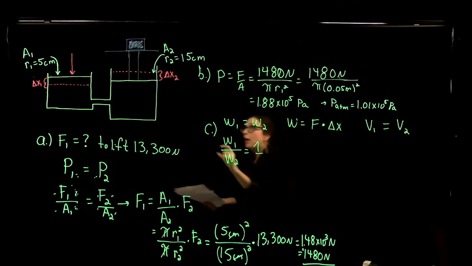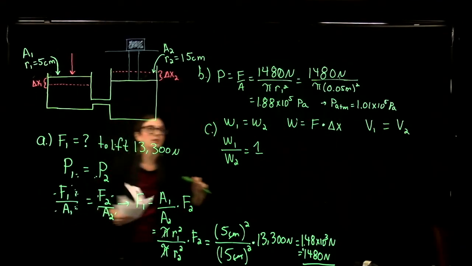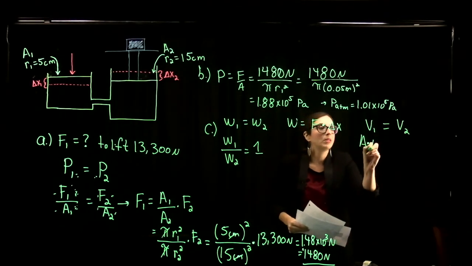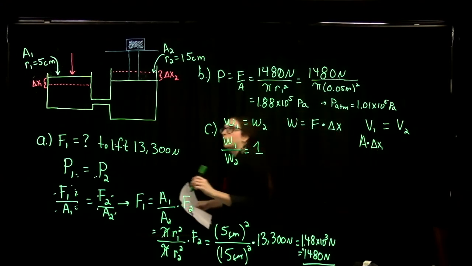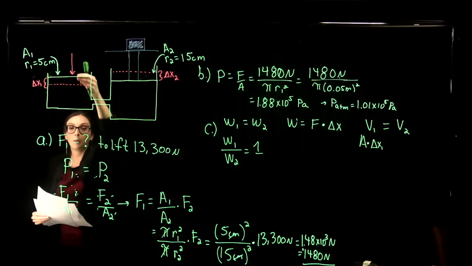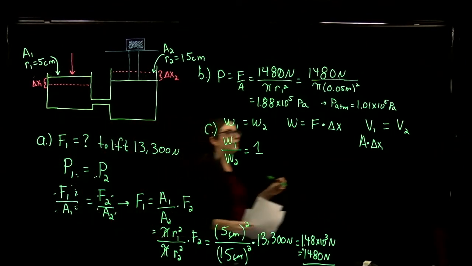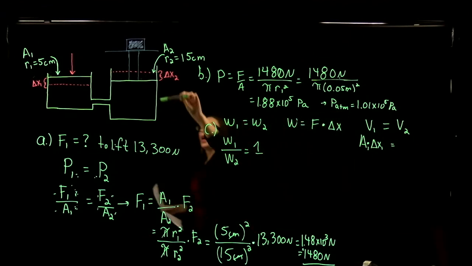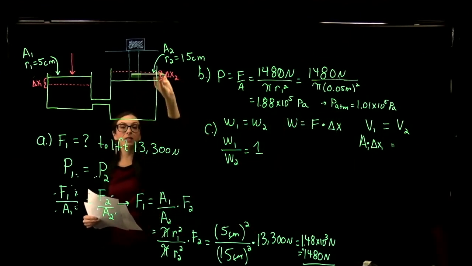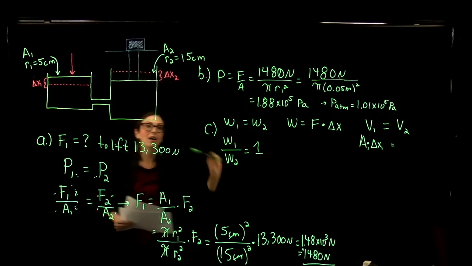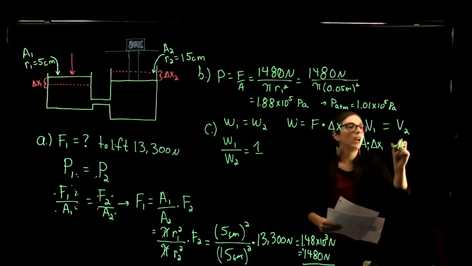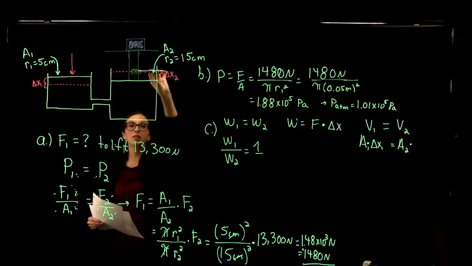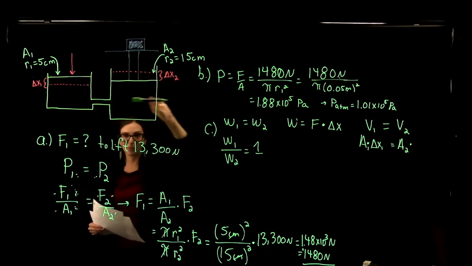So the volume of fluid that our first piston is displacing is equal to the cross-sectional area of that piston times what I'll call delta X1, which is the distance that that piston has to push downward on the fluid. So we'll say A1 times delta X1 has to equal the volume that has to be displaced in order to move the second piston up, which is the cross-sectional area of that piston times this distance, delta X2, that the piston moves when this piston over here displaces the fluid.